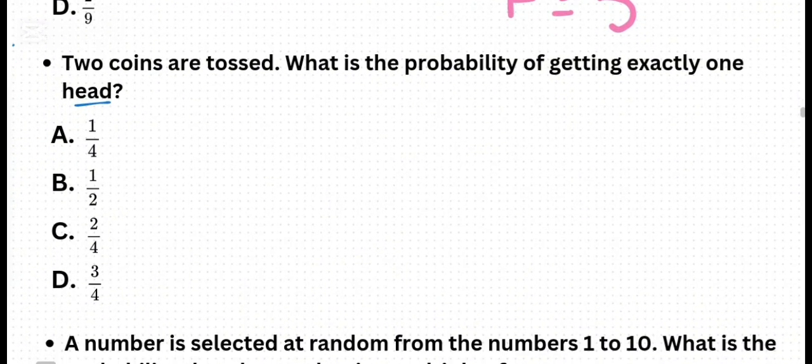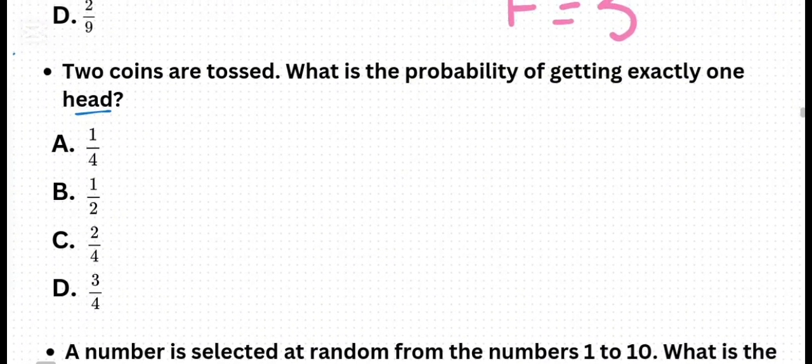So the next question is, 2 coins are tossed. What is the probability of getting exactly one head, right? So understand this question very carefully. Now I'm writing some important things, right?